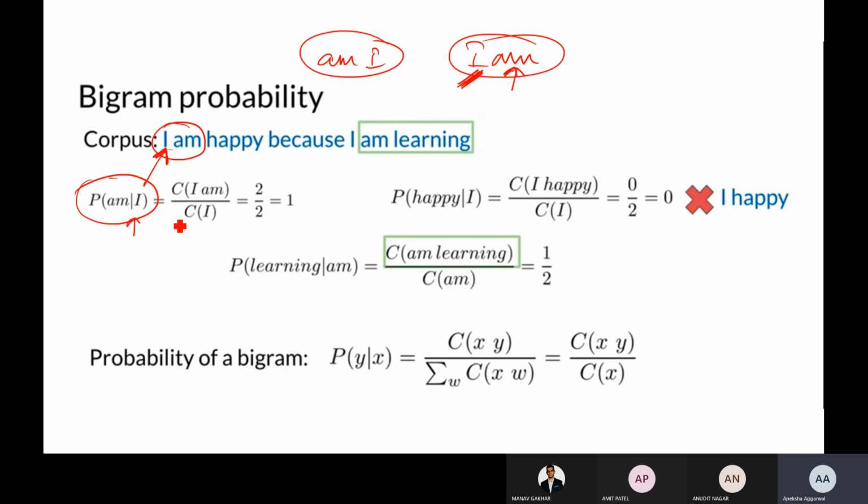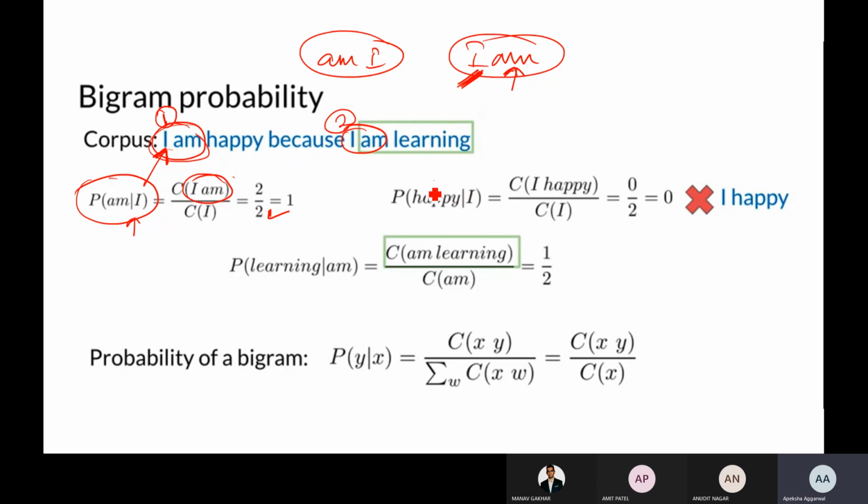It is calculated by conditional probability, which is count of I am divided by count of I. I is appearing two times, so the denominator is 2. Now I am together is appearing how many times? First time and second time. So 2 by 2.